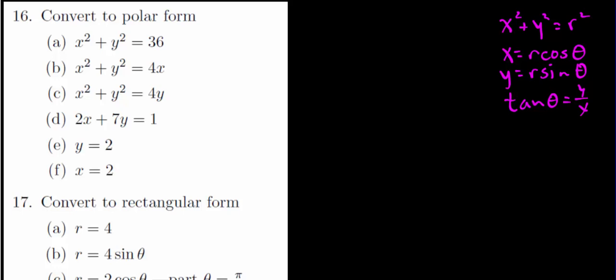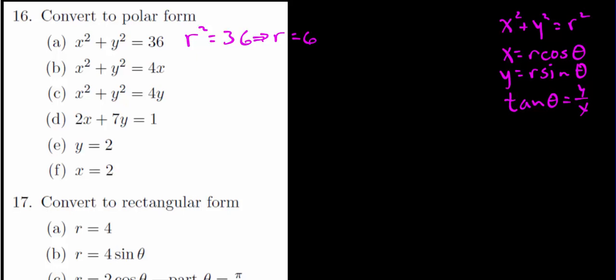So these are the primary things that we keep in our knowledge pot as we go through and work these. Now, here we want to convert to polar form. Well, x squared plus y squared, that's straight r squared. So this is r is equal to 6. x squared plus y squared equals 4x.